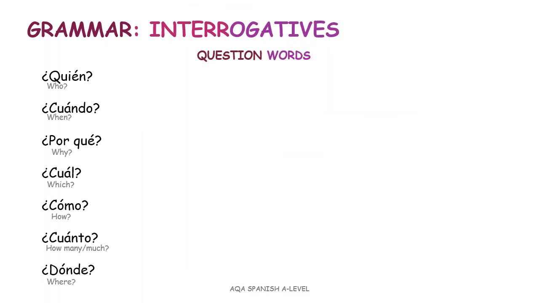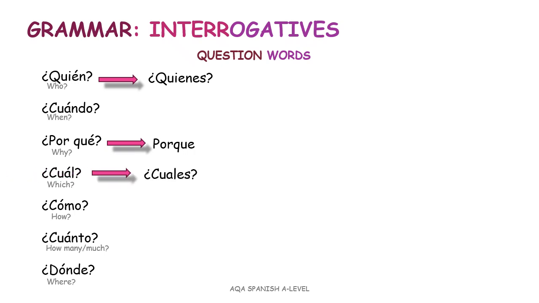Now, question words. You already know most of them, but let's revise a few key points. ¿Quién? has a plural form, ¿quiénes? It is not the same, who are you, as who are they? ¿Quiénes son ellos? ¿Por qué? Two words means why, while porque, one word, means because. ¿Cuál? also has a plural, ¿cuáles?